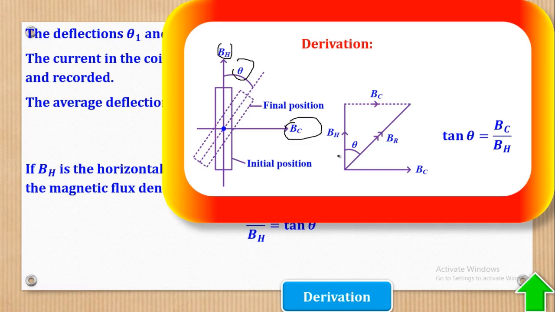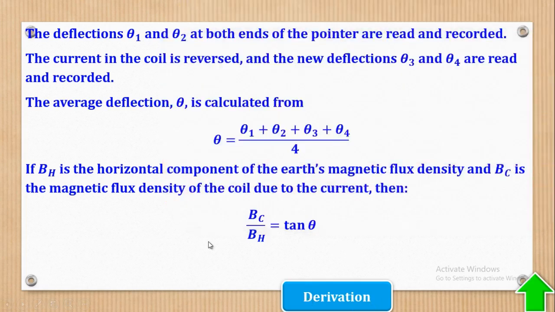Therefore, this will be BH, BC and BR. Therefore, this is theta, implying that tan theta is equal to opposite over adjacent. That's where tan theta equals BC over BH is coming from. So that is how the 5 marks would be awarded.